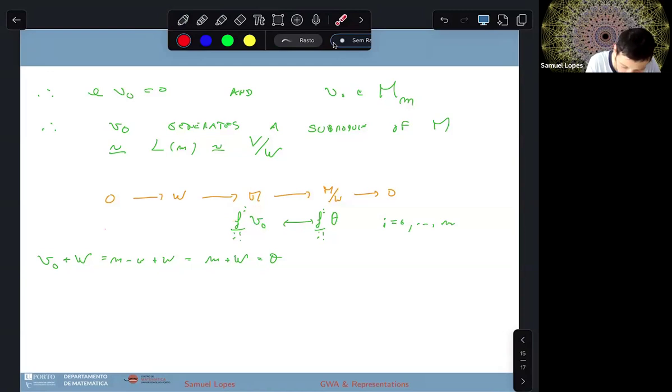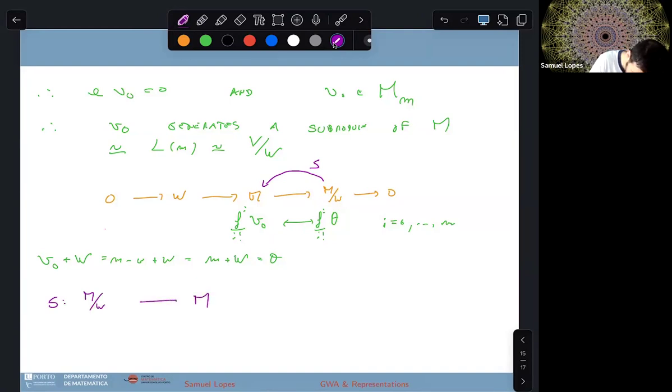Okay, so in fact, again, I don't need to say this in this way, but for the people who haven't used this language before, I have constructed a map going in the other direction, which I'm calling S. This S is the map from M mod W to M that sends f^i over i factorial times theta into f^i over i factorial times v0.